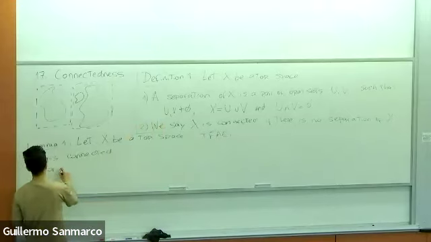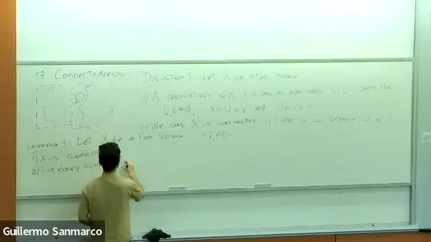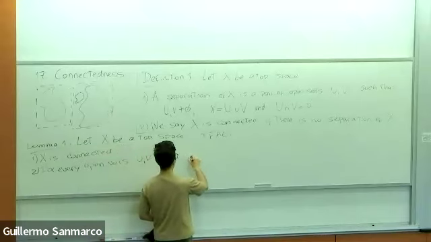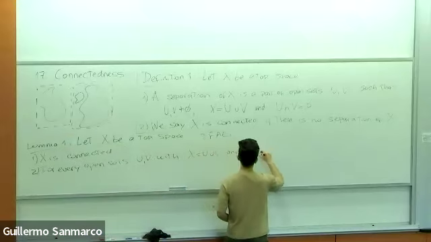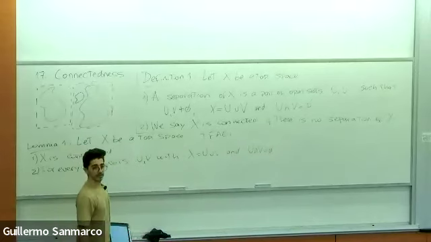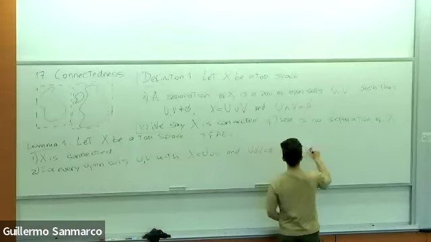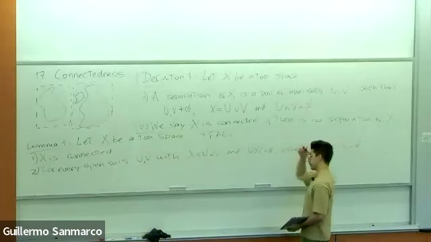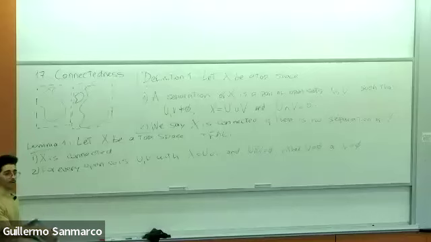For every open sets U, V with X given by the union and trivial intersection, either U is trivial, maybe empty, or V is empty. I could also say U is X or V is X, because one is the complement of the other.